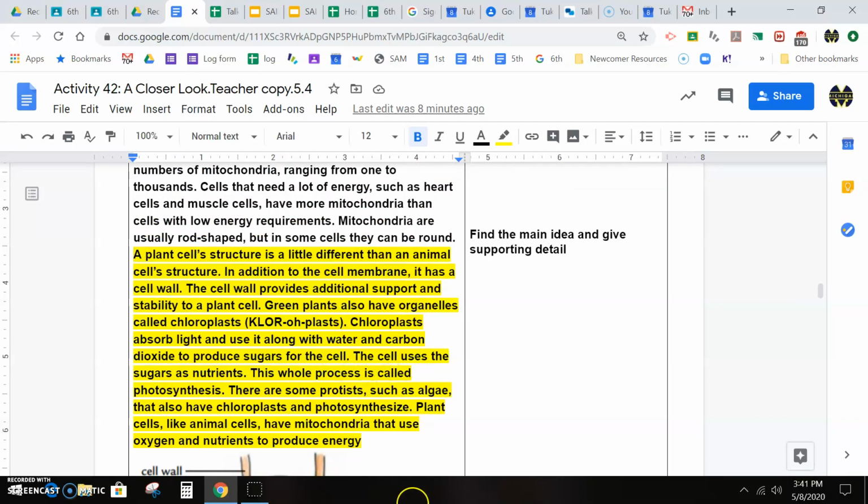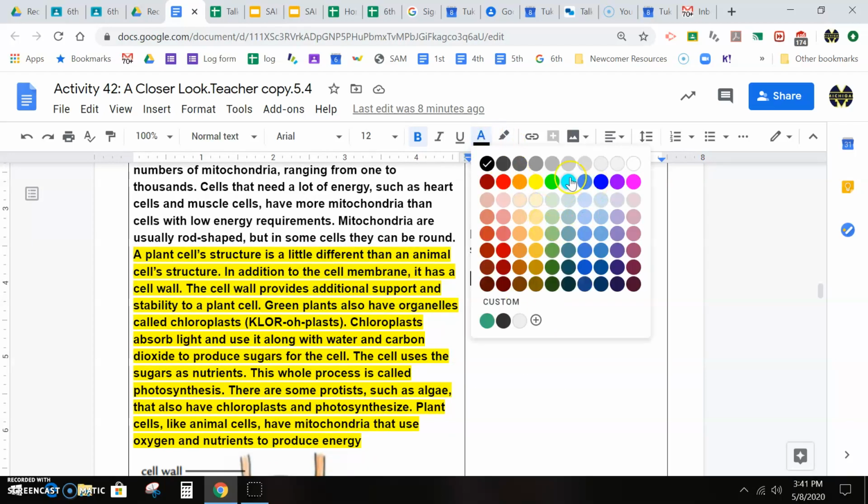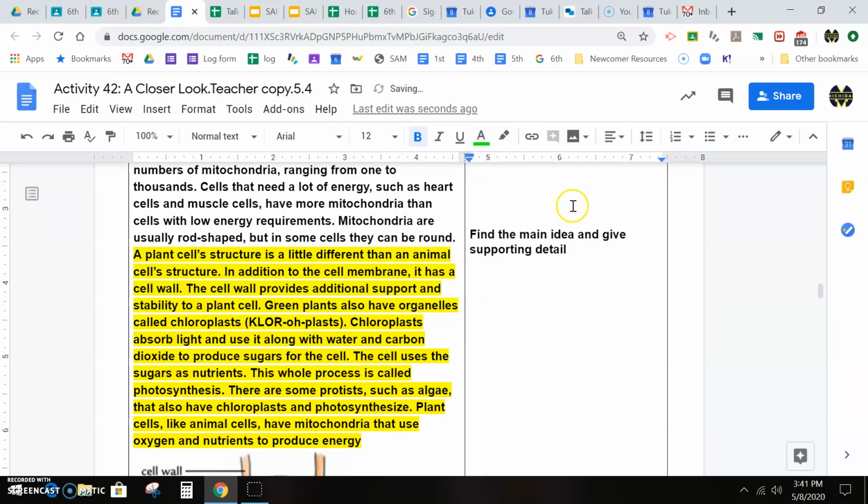So now let's go back and put some things in our notes. So I'm going to scroll right here. And I'm going to put my notes in green because I want to help my brain remember that green is going to mean plant cells. These are structures or parts of a cell that are only found in a plant cell.